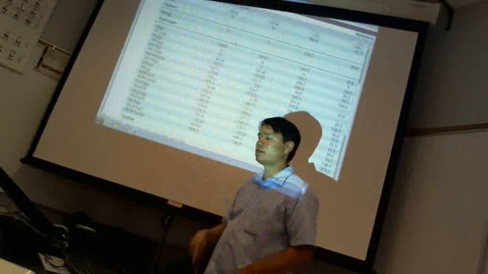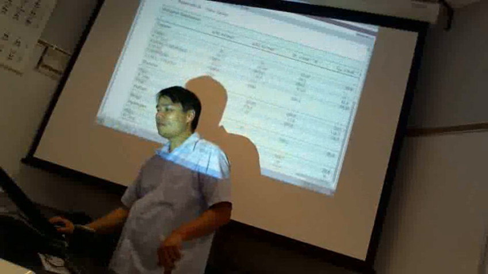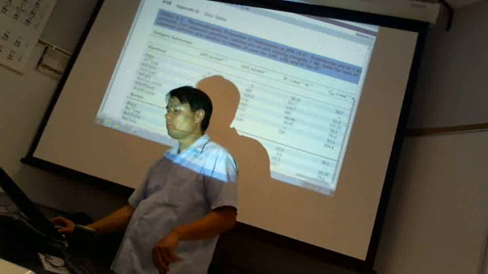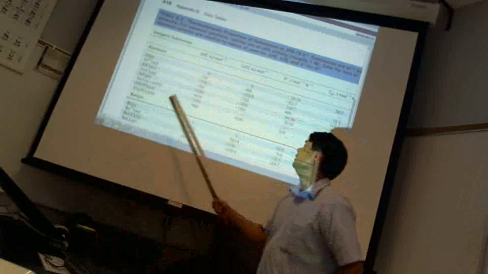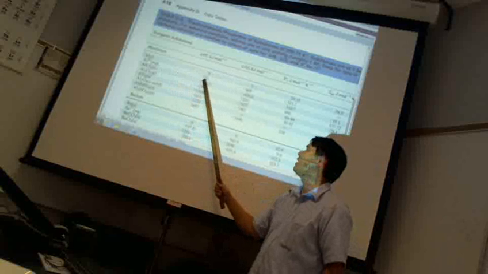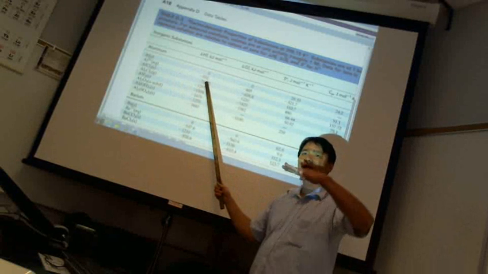And then reference everything. That means, when I did the first comparison, it is wrong. Aluminum, yes, that's zero. But aluminum 3 plus is minus 531 relative to H plus.